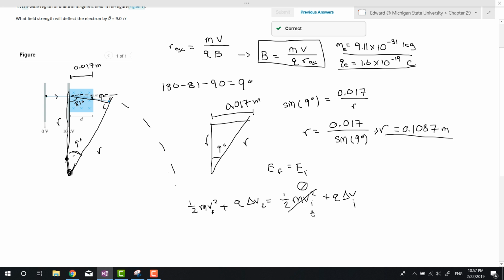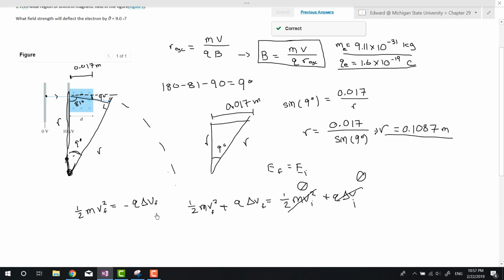And then initially, the change in potential energy is going to be 0 as well, because there's no delta V in the initial stage, right? So that goes away. So all we're left with is really just 1/2 mv squared final, which is what we're trying to find. That is equal to, if we just move the other side, minus Q delta V.